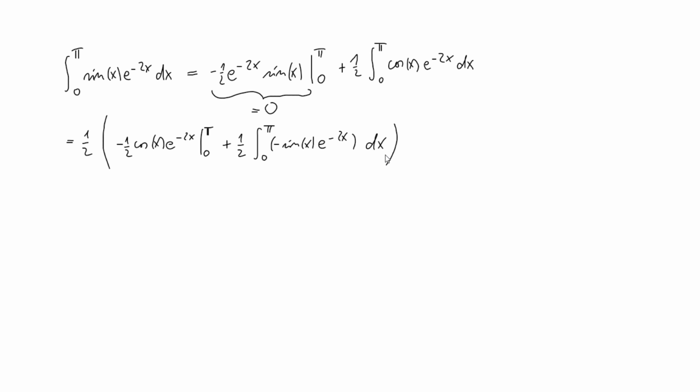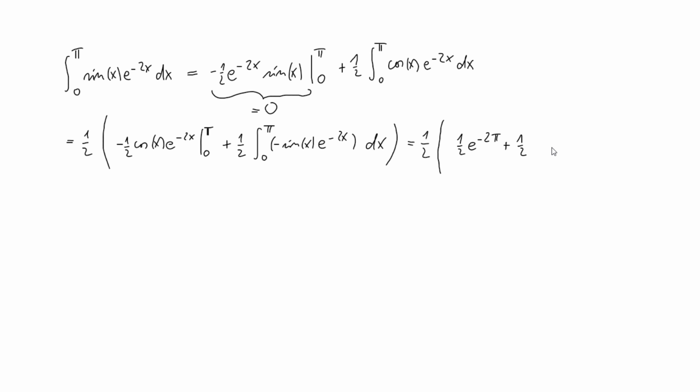So now we can already evaluate the first part, and that gives us 1/2 times, cosine of pi is minus 1, so we get 1/2 times e to the minus 2 times pi minus, so cosine of 0 is 1, and e to the minus 2 times 0 is also 1, so we get plus 1/2.